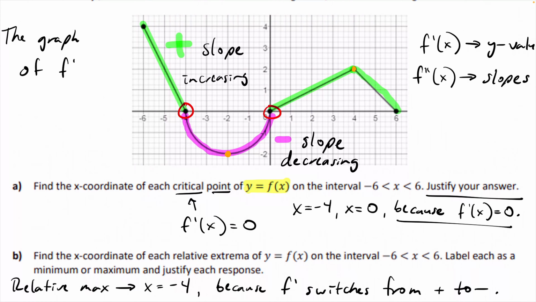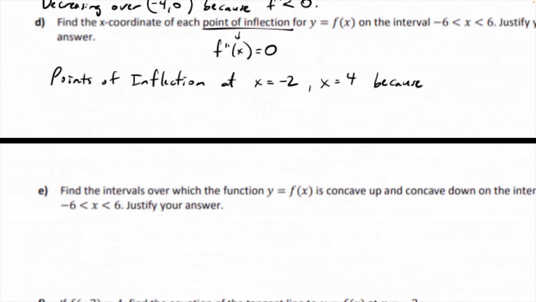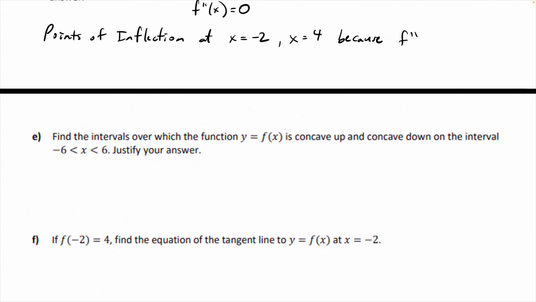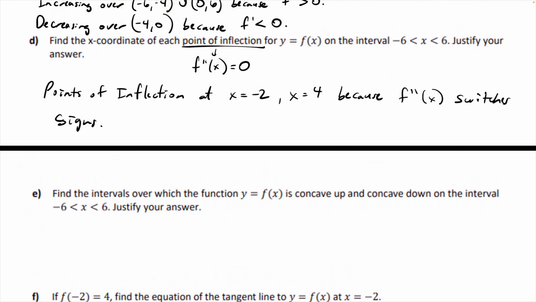So f double prime switches signs. This can only be a point of inflection if it has a slope of 0 and then it switches.